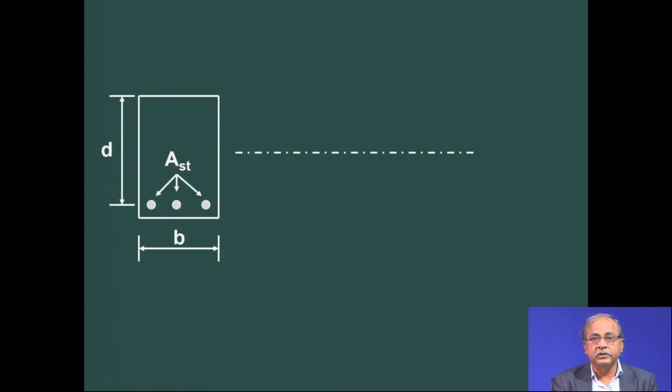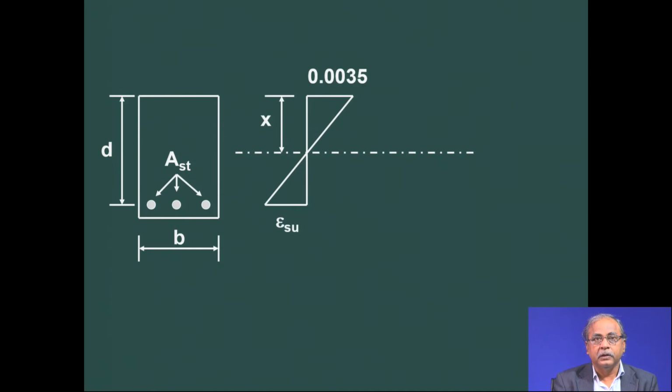You can see, because this way I have made it to just show the sequence instead of giving the whole thing at a time. As you can see, epsilon su will be equal to a value on the basis of the grade of steel.